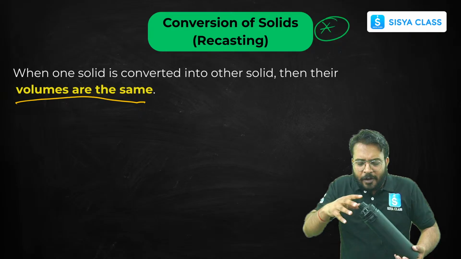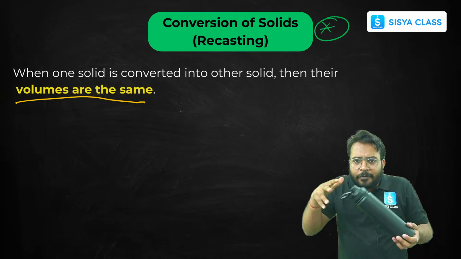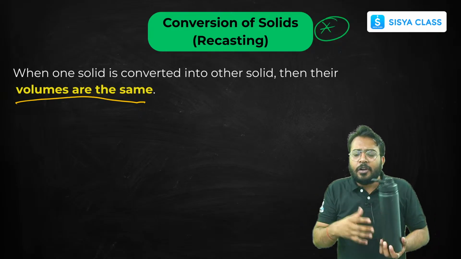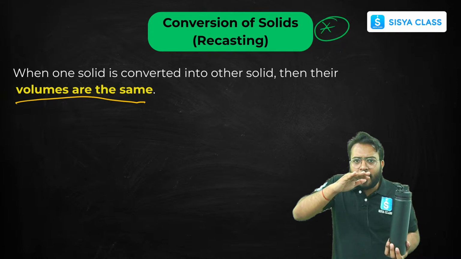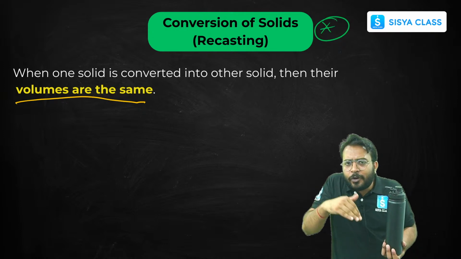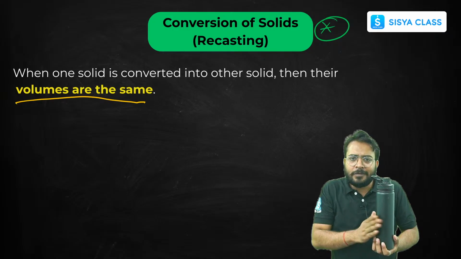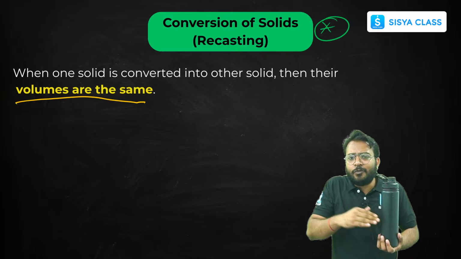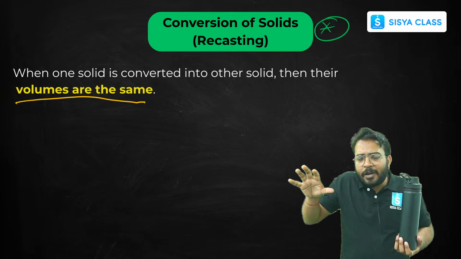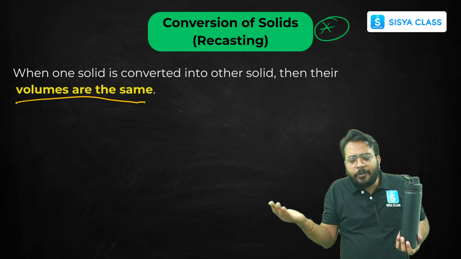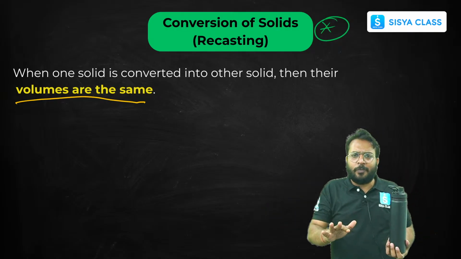After melting this, or after pressing it, we will get some volume, and from that volume only we are going to form some other shape. That means whatever volume this shape has, the other shape is also going to have the same volume. Understood my point?